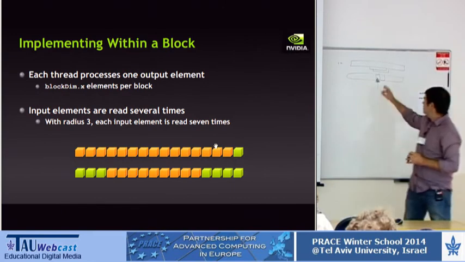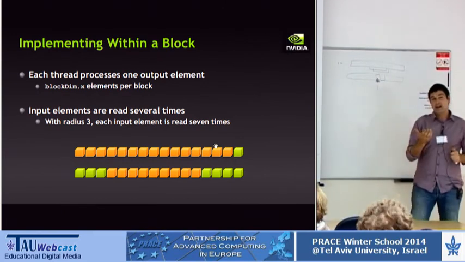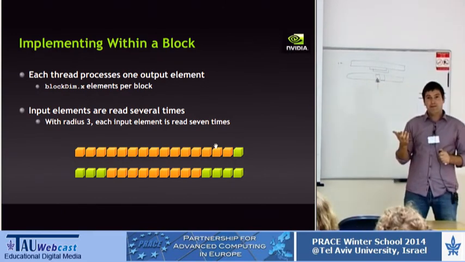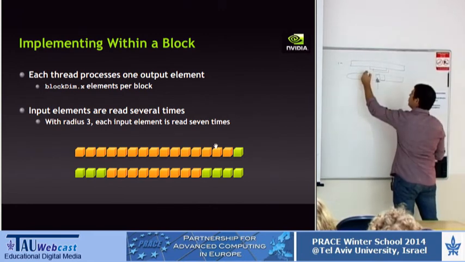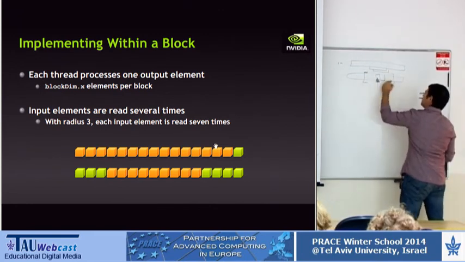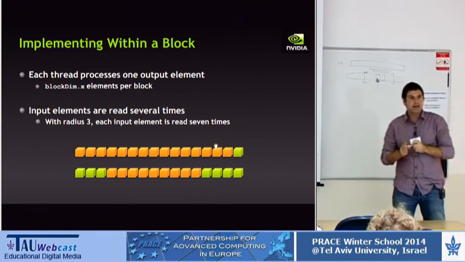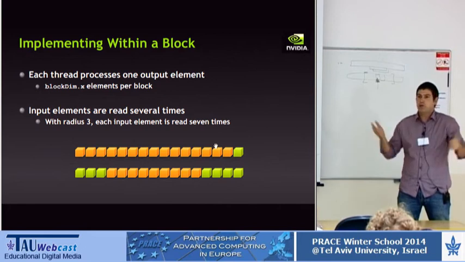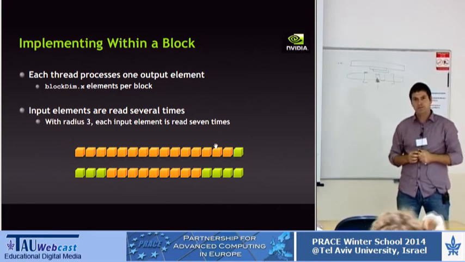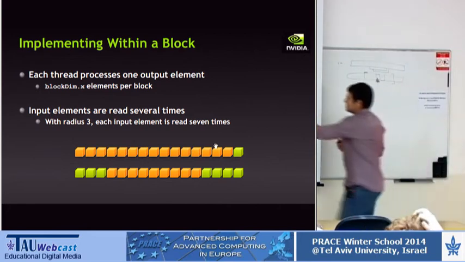Exactly. If these threads can share the data, that would be lovely, because then maybe not only these 2 can share the data, maybe all of these can. And then instead of bringing 7 times the data in order to compute my output, I can bring much less. Maybe I can bring each element only once. And this is this drawing.